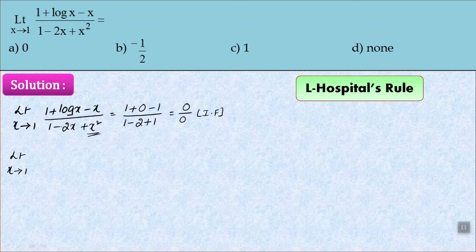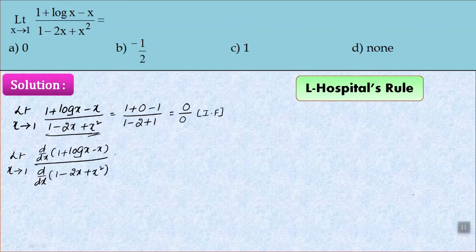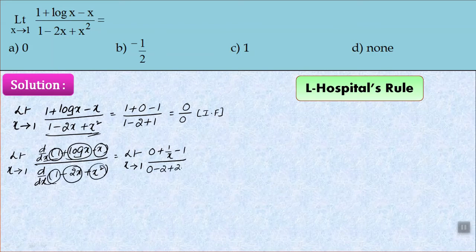Here in the numerator and denominator we differentiate with respect to x: d by dx of 1 plus log x minus x, divided by d by dx of 1 minus 2x plus x square, is equals to limit x tends to 1. d by dx of 1 is constant, so 0, plus d by dx of log x is 1 by x, minus d by dx of x is 1, divided by d by dx of 1 is constant 0, minus d by dx of 2x is 2, plus d by dx of x square, that is 2x.